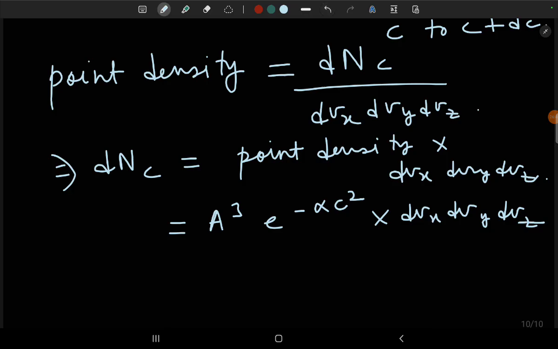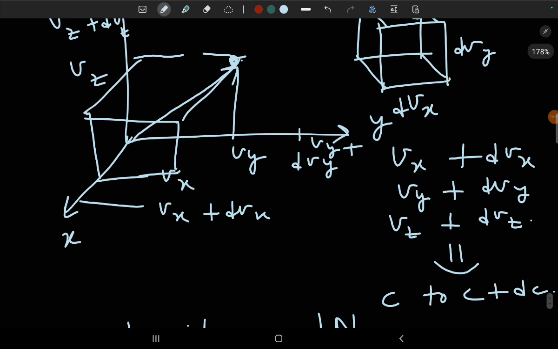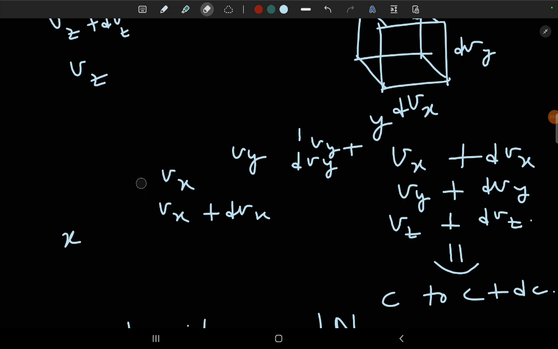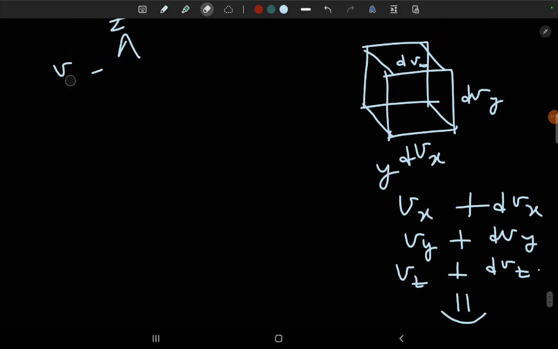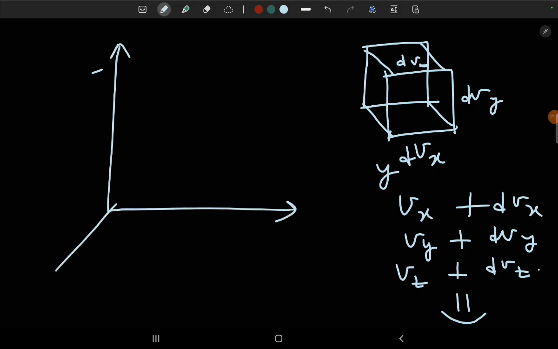Now again we will argue that this is actually for one velocity vector, which is somewhat like this. We shall draw it again to make it easier. There is one velocity vector with the velocity cube here, right?